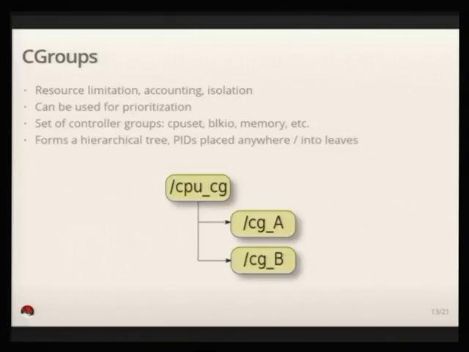And not only that, they can be used for prioritization between processes as well. So for instance, if you have this greedy application running in your host, you can place it into a block IO cgroup and just basically limit how much bandwidth it has when trying to access a disk.